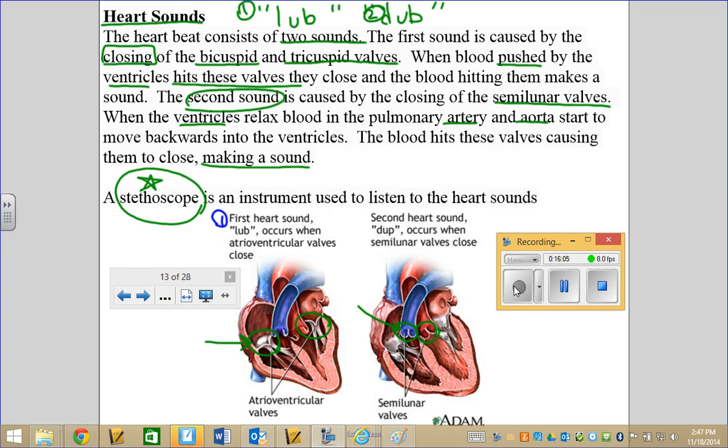Don't feel obligated to share if you don't want to, but if that's something that you know you have, and you'd like to let other people listen to the difference in sound, that would be a cool thing to have. I'll play some sounds for you tomorrow when we go to the lab of what different kinds of heartbeats sound like, just to give you an idea. Good.